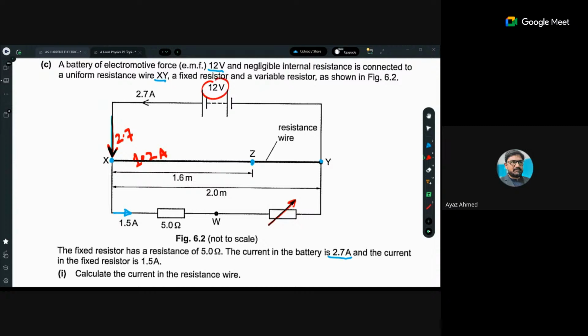I told you this is a 12-volt battery, and let's say this is X, Y, and this is, let's say, W and Z. So what about the potential difference between W and Z? Voltages or potential difference between W and Z. Sir, we will subtract 9.6 from it.